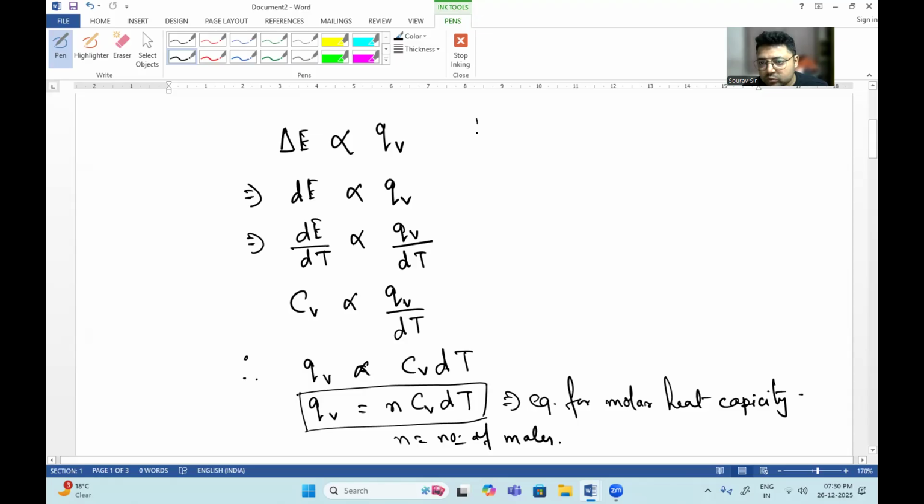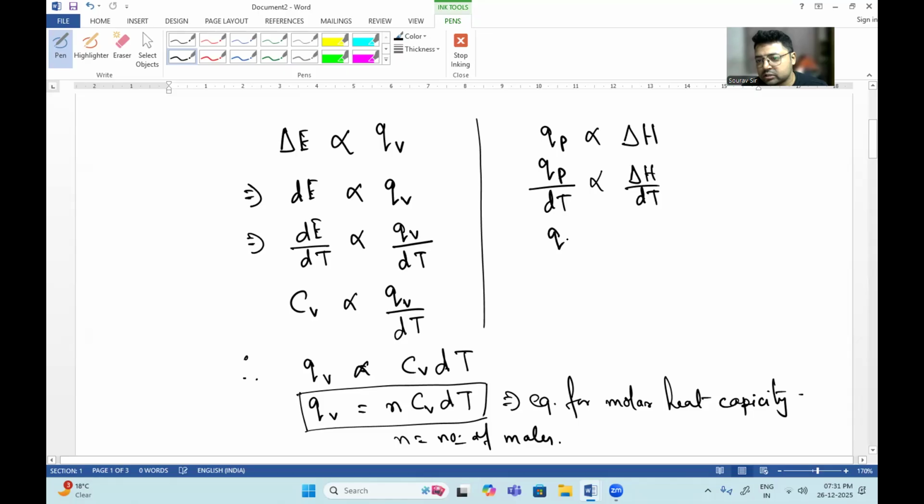It can also be extended to the concept of CP, where we write that QP, the heat change at a constant pressure, is directly proportional to delta H, the enthalpy change of the system. So we write the same thing: QP by dT is directly proportional to delta H by dT.